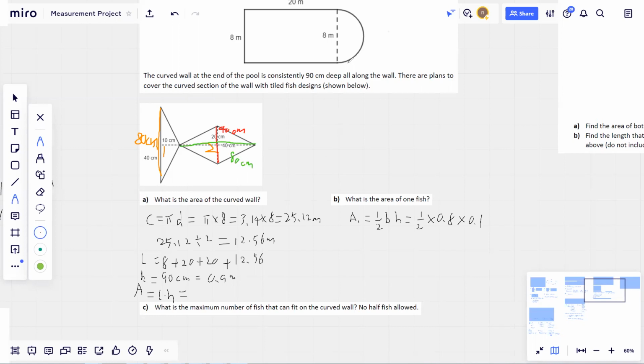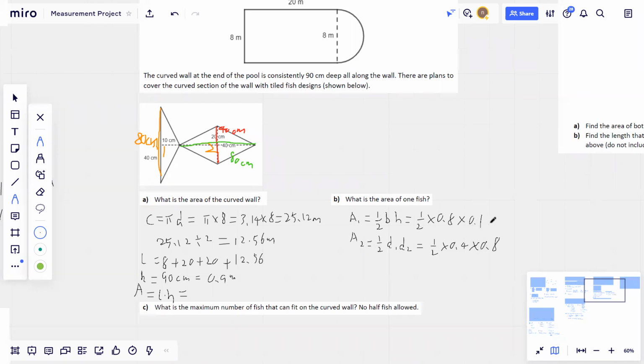Okay. So now for the area of the second part, the rhombus area. That's 1/2 times by the diagonals D1 and D2. So that's 1/2 times by 0.4, which is 40 centimeter, times by 0.8.